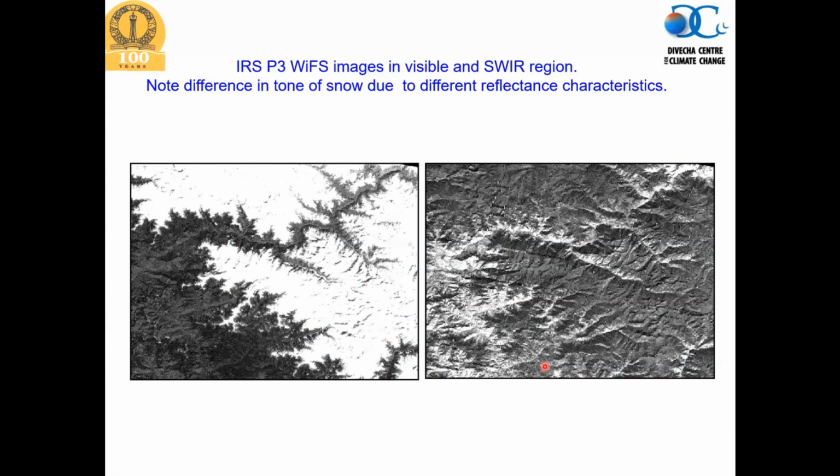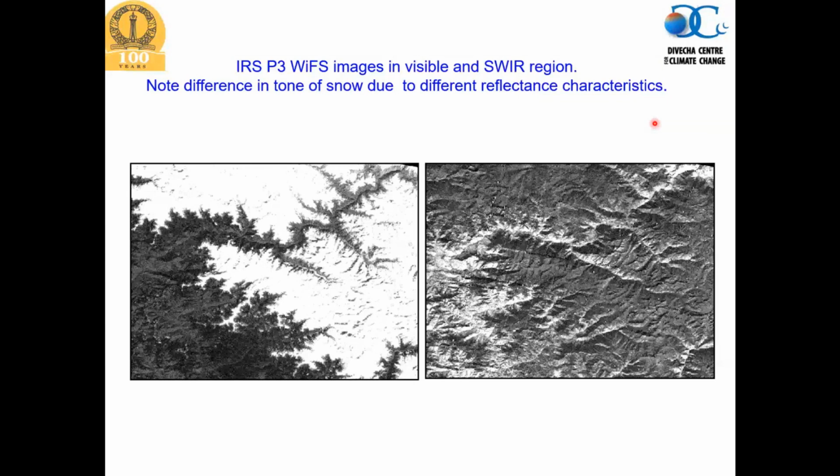But if it is really a satellite image, this is IRS-P3 WiFS imagery, which is in visible and shortwave infrared region of spectrum. You notice the difference in tone of snow due to different reflectance characteristics.